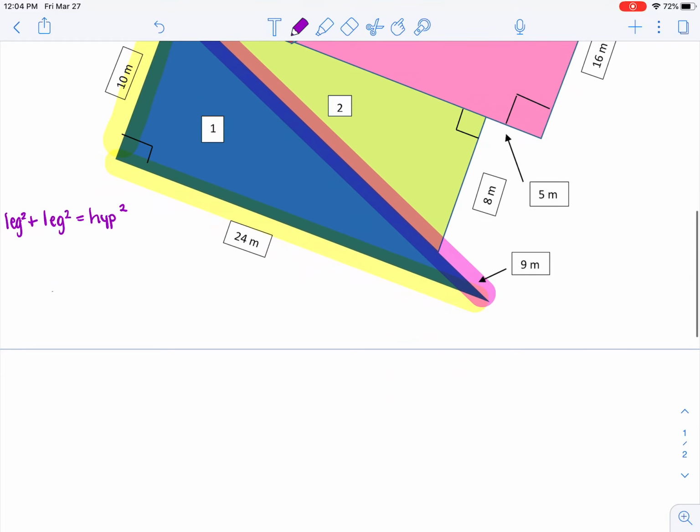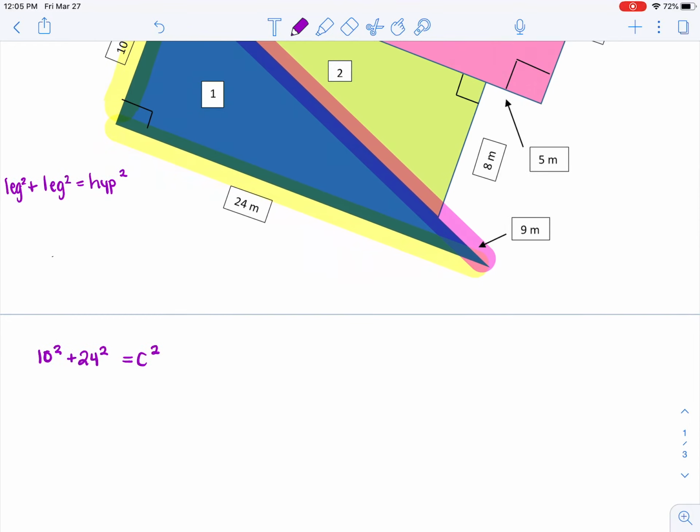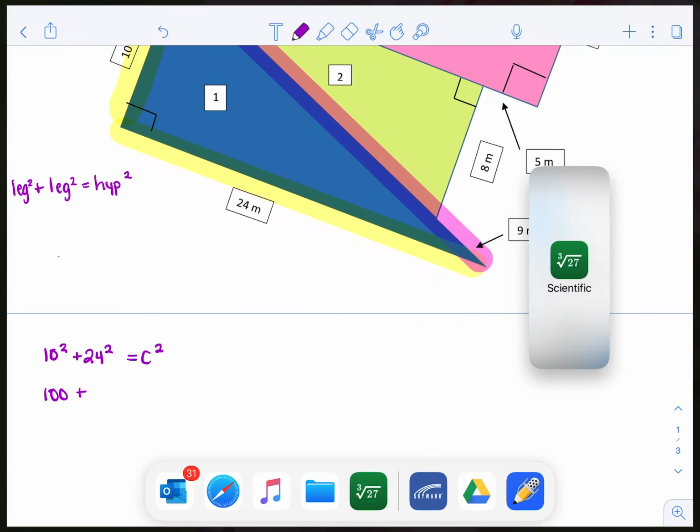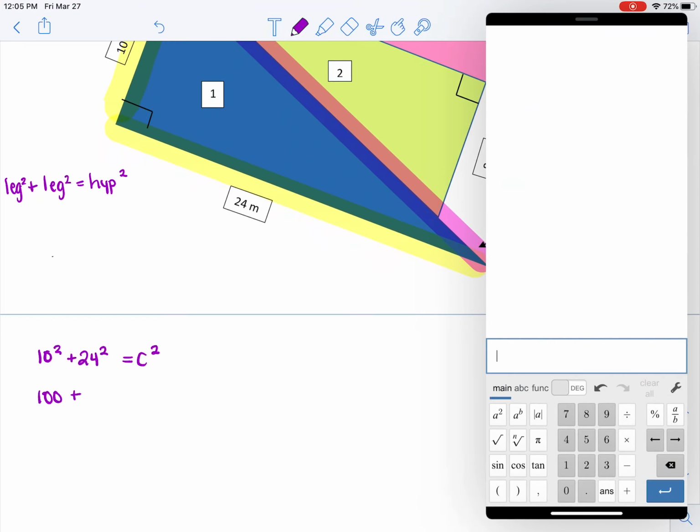So you know that we would do 10 squared plus 24 squared equals C squared. Now whenever we're finding the hypotenuse, we add those two numbers. 10 squared is 100, and 24 squared, well, we just have to figure out what is 24 squared. 576 equals c squared.